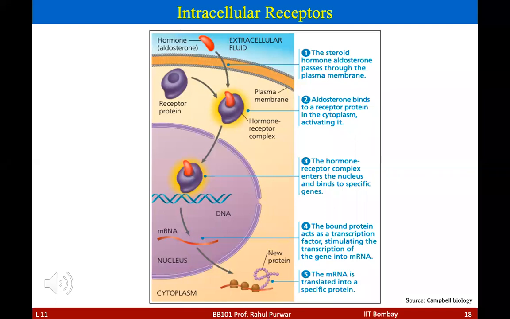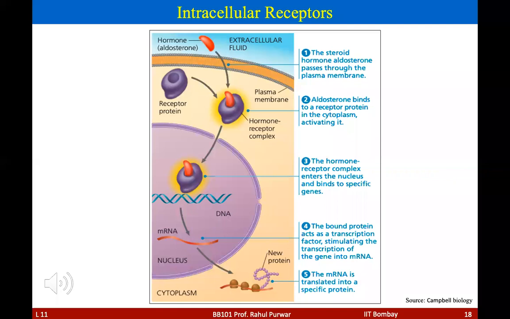However, in this particular case of the steroid hormones, the receptor is present inside the cell. So hormones generally penetrate the plasma membrane directly into the cytosol, and here in the cytosol they find the receptor for the hormone. So the steroid hormone, aldosterone for example, passes through the plasma membrane.